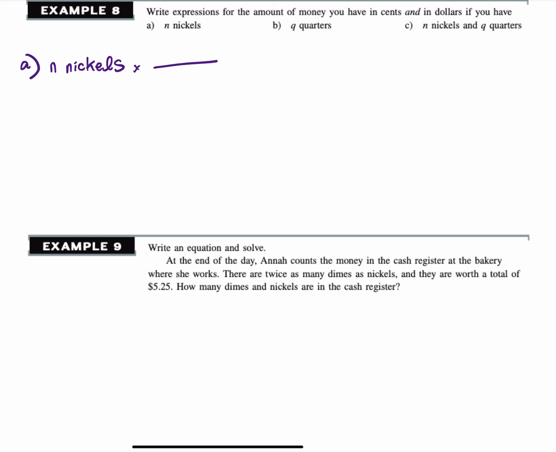I'm going to multiply this by something where I want to cancel the nickels and pick up cents. And we said earlier that there's 5 cents in 1 nickel. So the nickels will cancel and we'll get 5 times N. So if we have some number of nickels, N, we can multiply it by 5, and that gives us how many cents we should have.